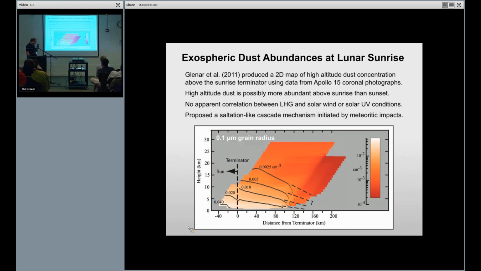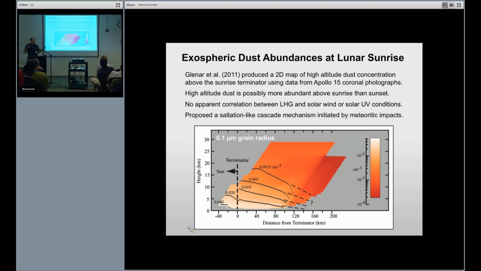And there did seem to be a correlation with meteoroid streams. I think this particular event, the Apollo 15 sequence, coincided with the southern delta asteroids stream. So we speculated that there could be some sort of saltation-like cascade process, initiated by impacts, and then the debris from those impacts would come back down, hit the surface, and knock out some more dust.